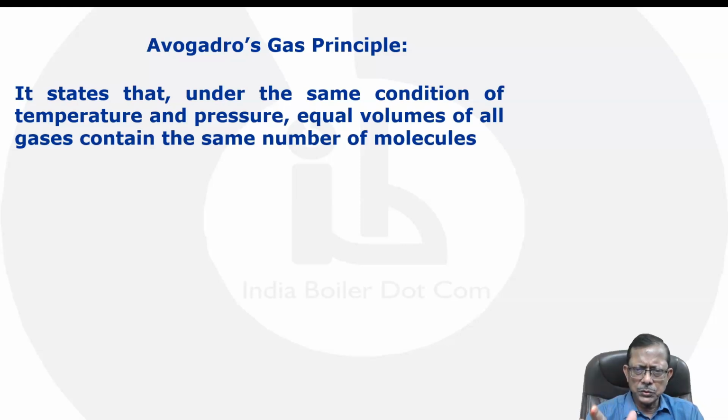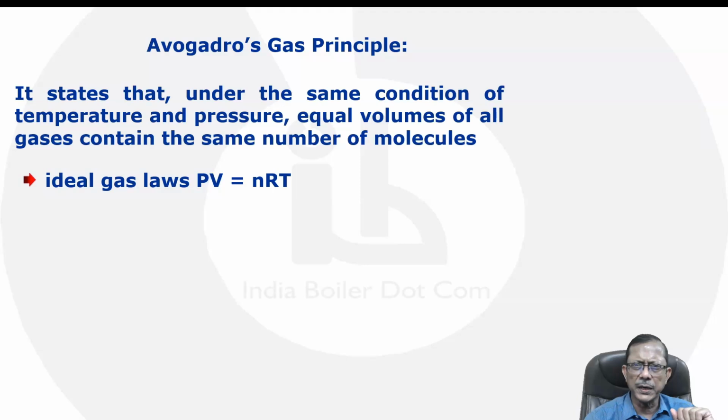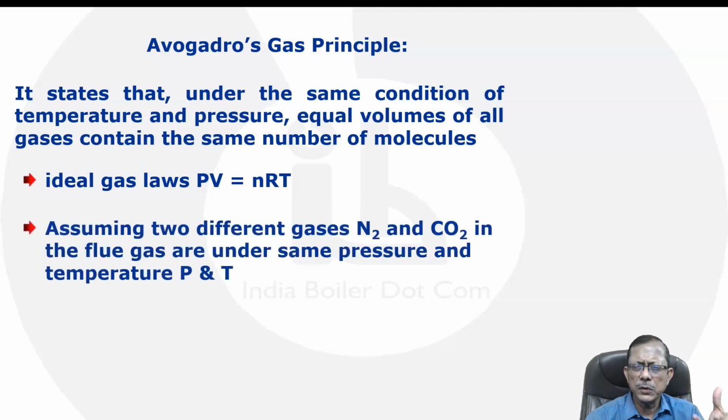Now how do we come to this understanding? Let us take the ideal gas equation, PV is equal to nRT, and apply it to the flue gas. In the flue gas, let us say we have CO2 and N2.